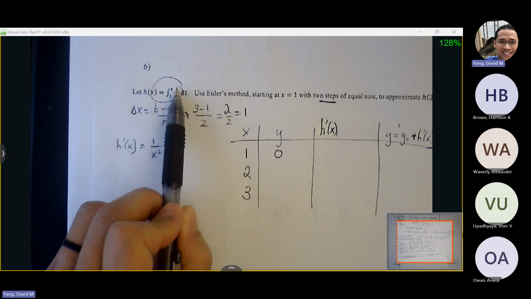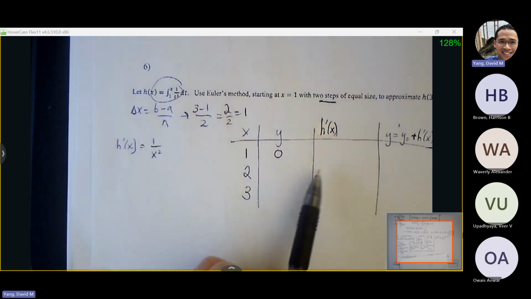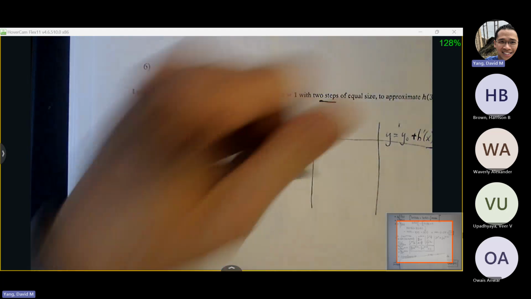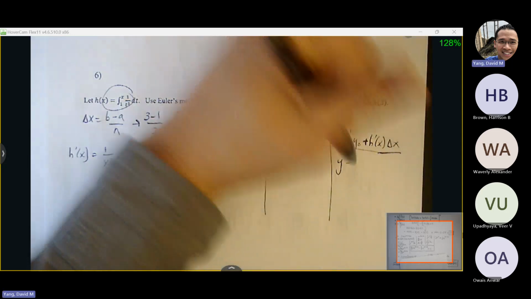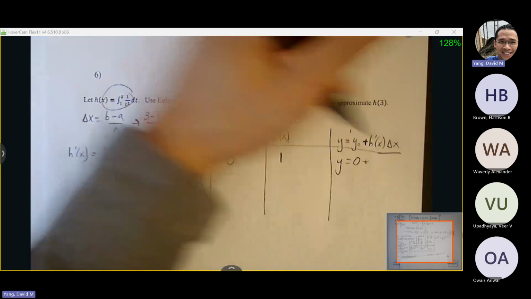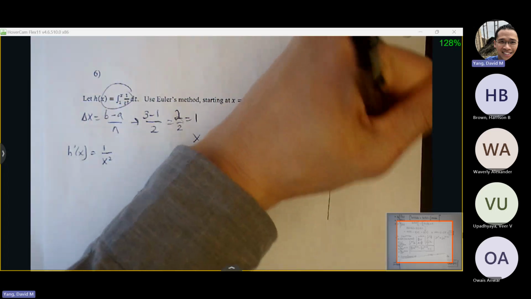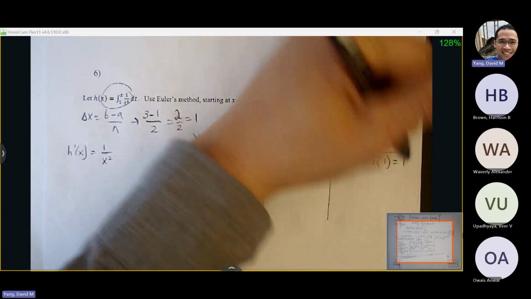The second theorem allows that to go away. So if I plug 1 in for x, 1 over 1 is just 1. So y equals y sub 0 plus my slope times delta x, which is 1.